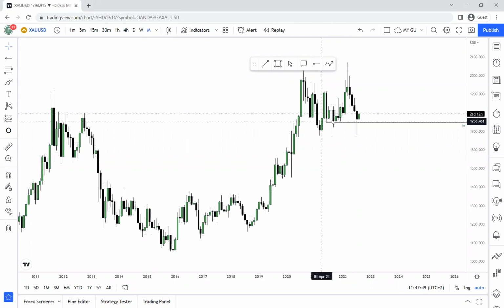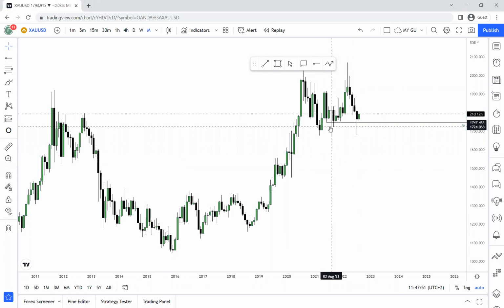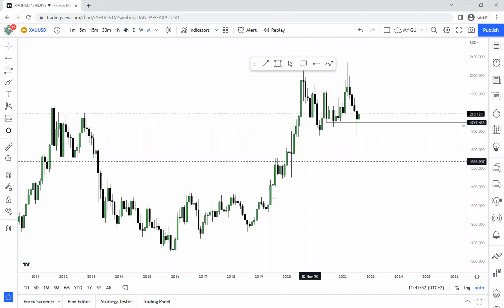When you look at these candlesticks, you can see by this week, price went down, but it came up, it respected, and it closed above this line. So this area becomes our support and resistance.